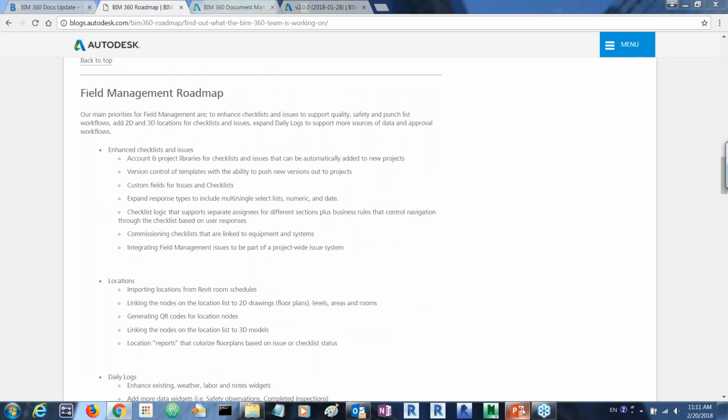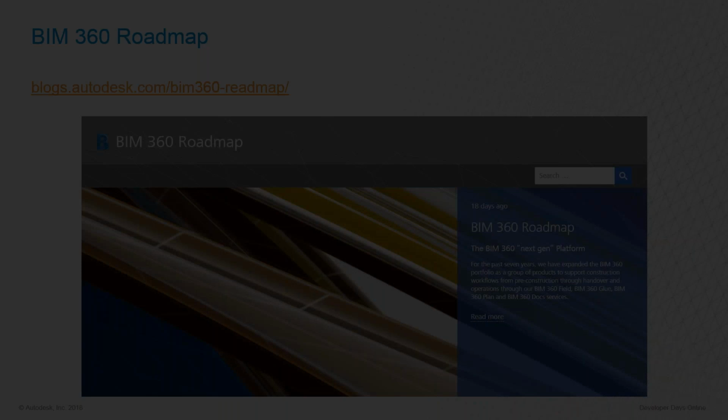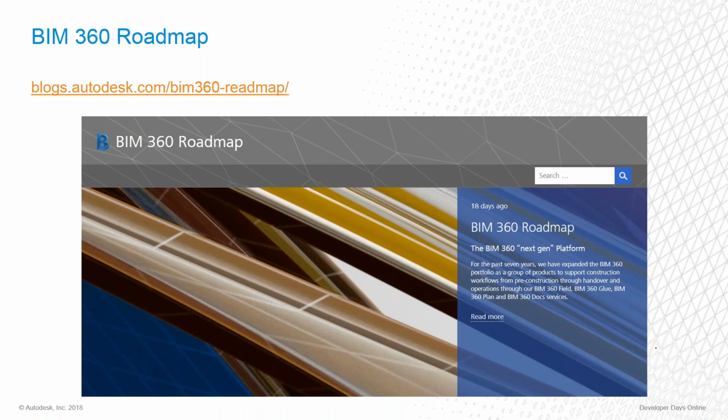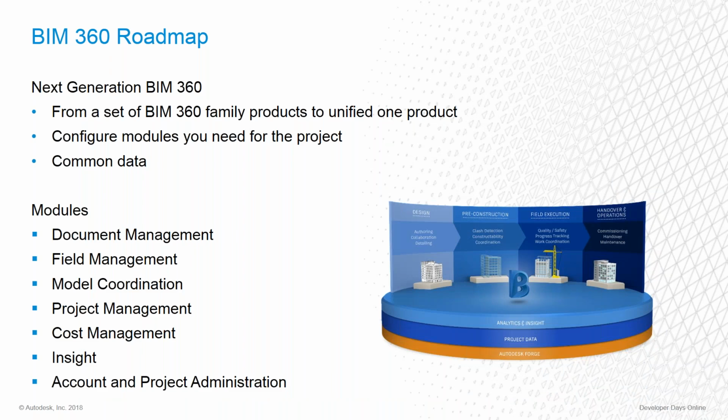So going back to my PowerPoint, the big picture within this roadmap is that we are expecting the next generation of BIM360 to move from a set of BIM360 family products to a unified one, as I was discussing in my earlier slide. Also, you can configure the modules you need for the project. For instance, some projects are very early in the design process.